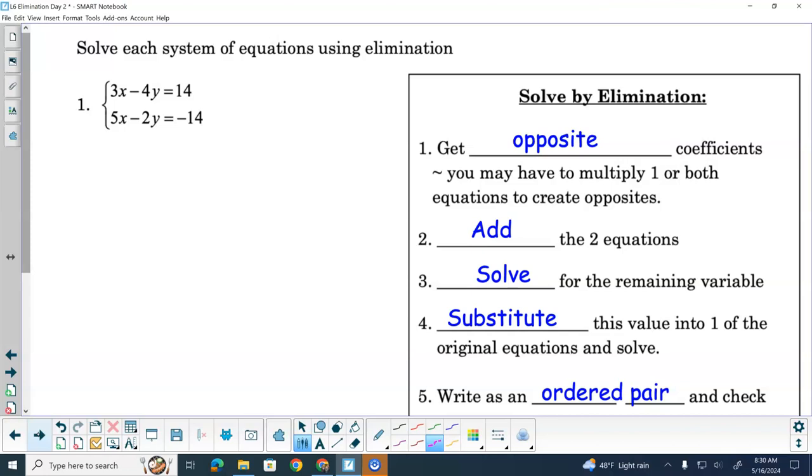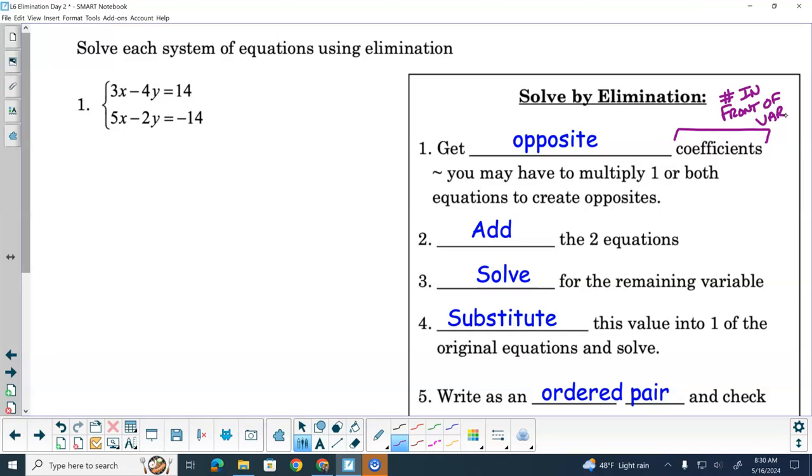The opposite coefficients. So first off, coefficients, if you don't remember, are the number in front of a variable. That's what a coefficient is. So we're looking at those numbers in front of x and the numbers in front of the y's.